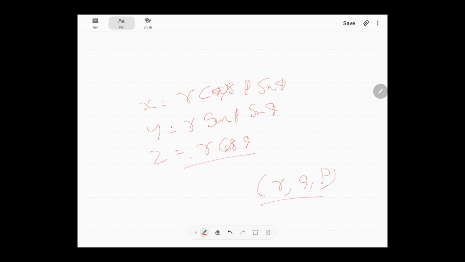So whatever angle you have written here, that will come as the middle, and the same angle in these two you will get sin q, and for this p you will get cos p and sin p. So this is how we will write the Cartesian coordinates. This is the relationship between Cartesian coordinates and spherical polar coordinates.